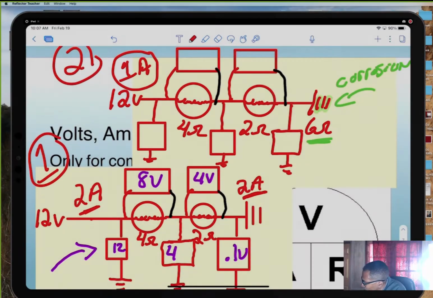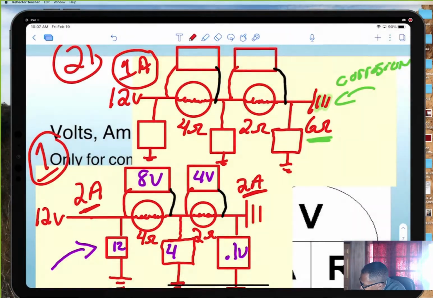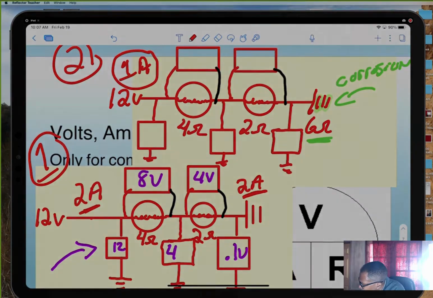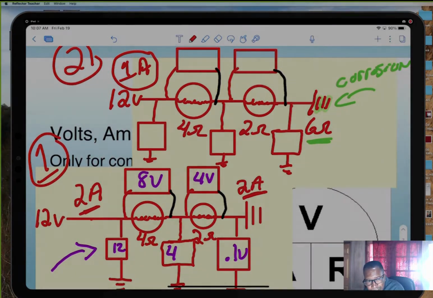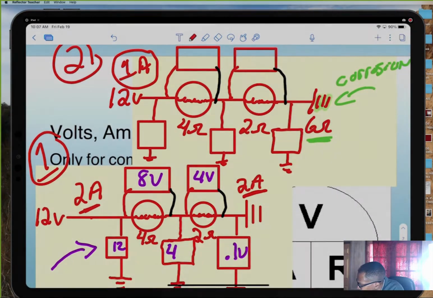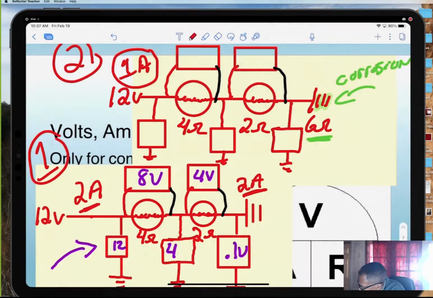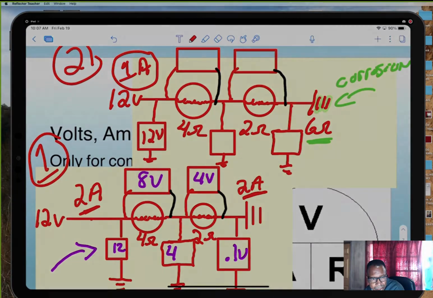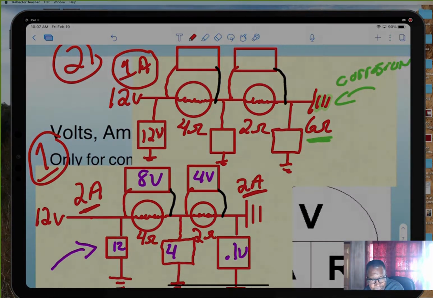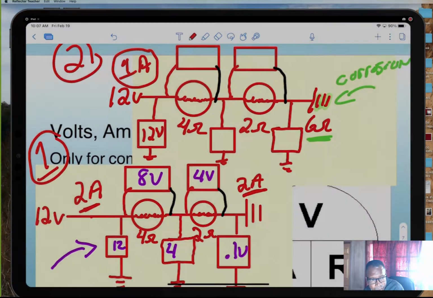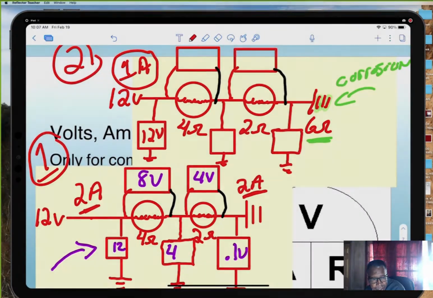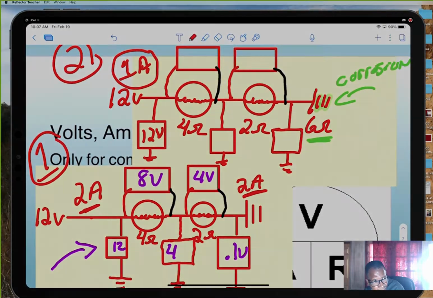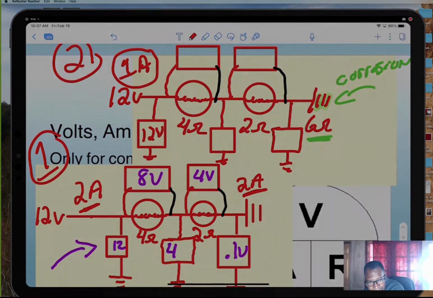Okay, now what's in this first box? What did I just put there, the V? 12. And the reason why is there's no resistor in the way, not yet anyway, so it still sees 12 volts source voltage. Now on the first drop, how much do you see there? In the good circuit it was 8, but now it's 4.